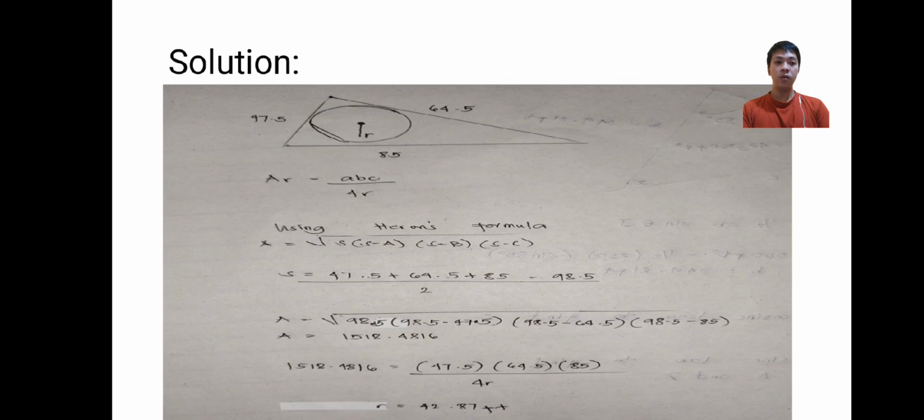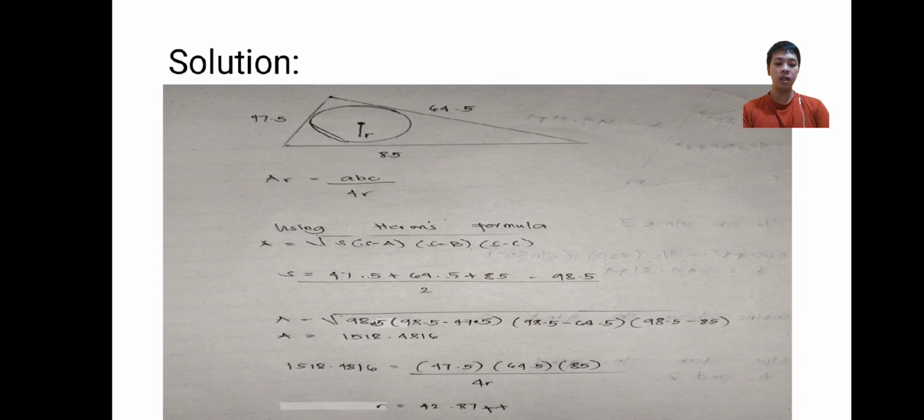So S is equal to 47.5, the value of letter A, plus 64.5, the value of B, plus 85, the value of letter C, all over 2, which gives 98.5. So let's go back to Heron's formula. So A is equal to the square root of 98.5 times 98.5 minus 47.5 times 98.5 minus 64.5 times 98.5 minus 85.